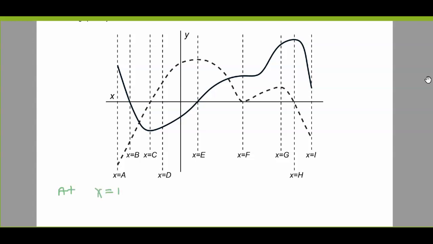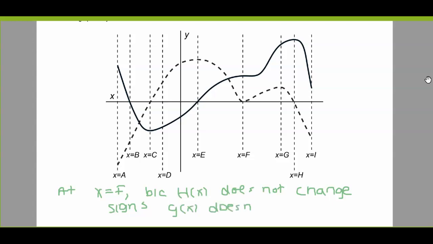So at x equals f, because h of x does not change signs, g of x does not have an extrema at that point. So you might get asked, where is there a time that the derivative is 0, but an extrema does not exist? That answer would be at f.